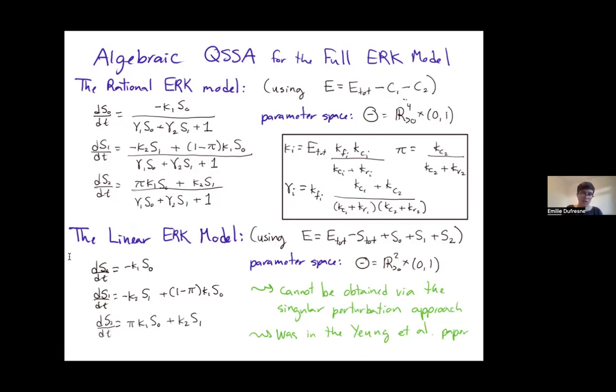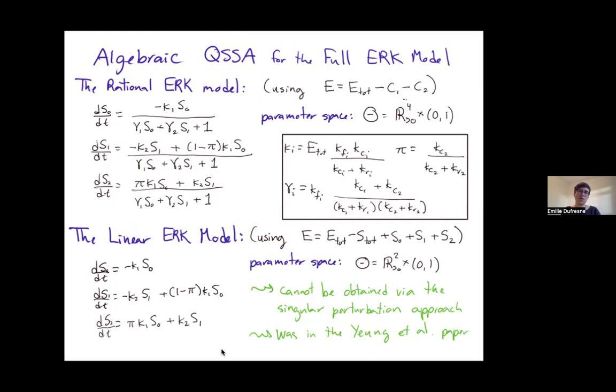This one, the linear ERC model, you don't get. But this reduction had been performed in the paper by Jung et al. In that paper, it was done based on a heuristic argument and additional assumption because it seemed to fit the data. And using this algebraic quasi-steady state approximation, we can say that this reduction is justified mathematically.